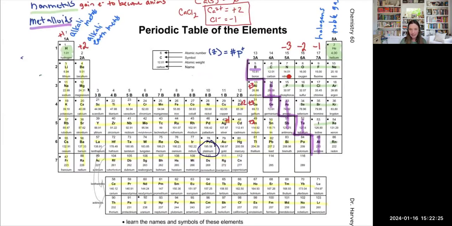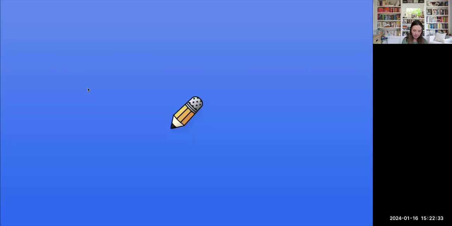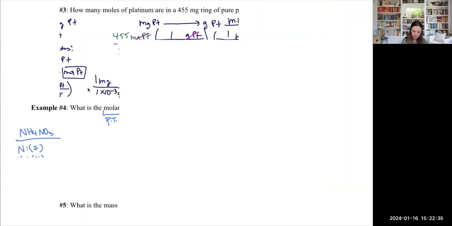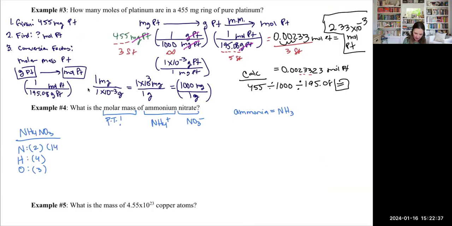Okay, nitrogen has a mass of 14.01. I'll write that down. Oxygen, 16.00. Hydrogen, 1.01. So nitrogen, 14.01 grams per mole. Hydrogen, 1.01 grams per mole. Oxygen, 16.00 grams per mole.